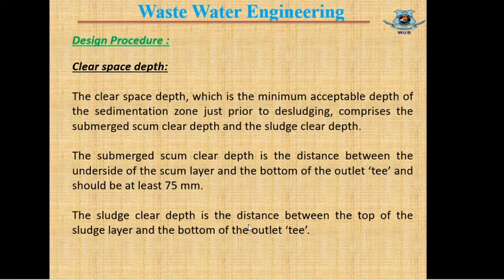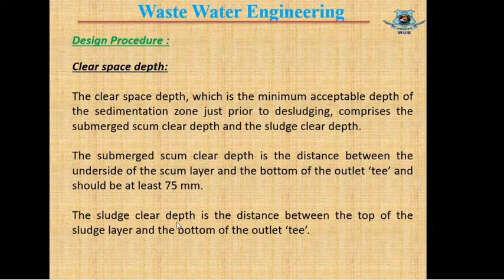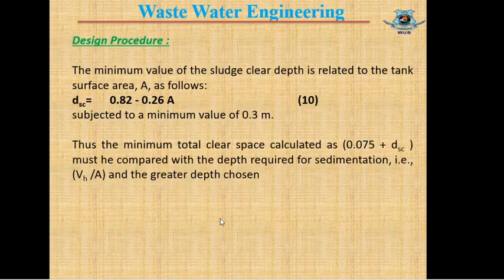The sludge clear depth is the distance between the top of the sludge layer and the bottom of the outlet T. If we see the figure, this is the top of the sludge layer and this is the bottom of the outlet T. From here to here, this distance is the sludge clear depth, and we can calculate it using this equation, where DSC is the scum clear depth and the other is the sludge clear depth.